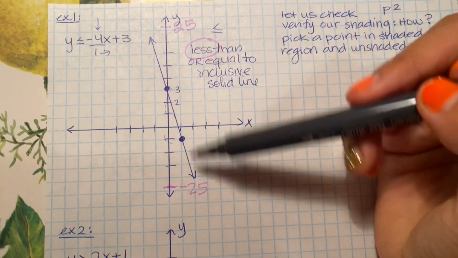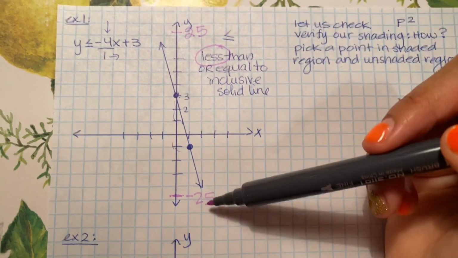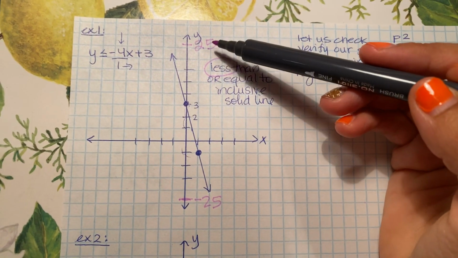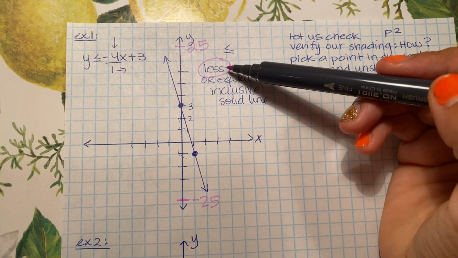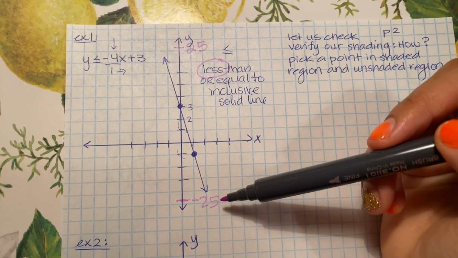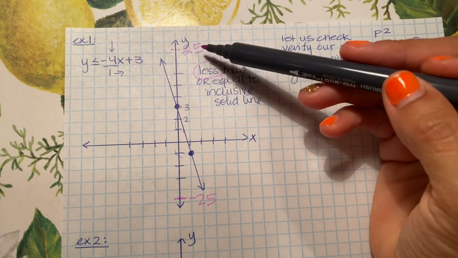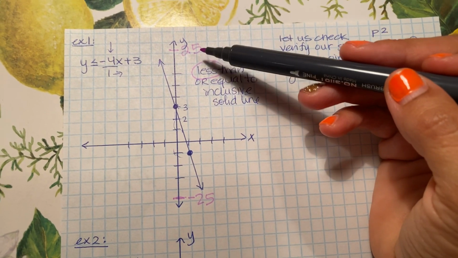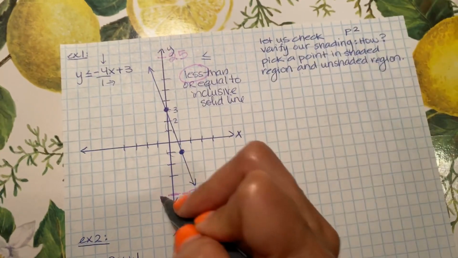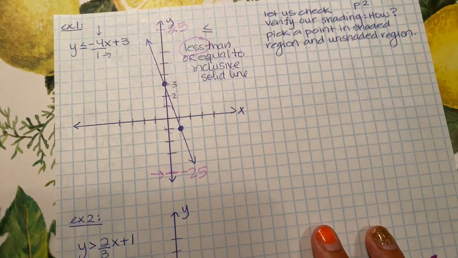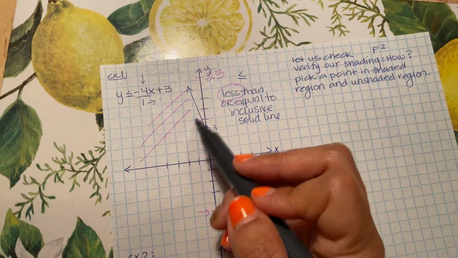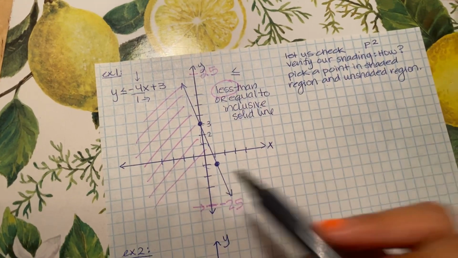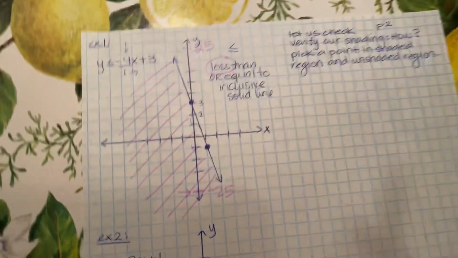Which one's greater, which one's smaller? I have positive 25 and negative 25. I want less. The -25 is less than this positive 25, right? So this number is the less than number. That means you're going to shade to the left or below the line. And so this is my shade.